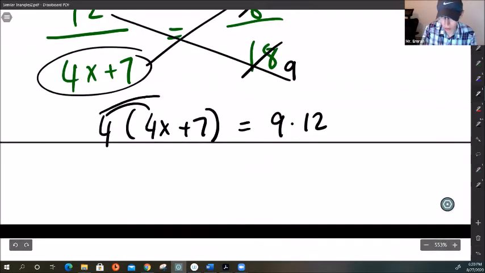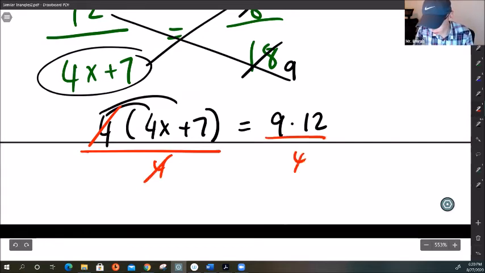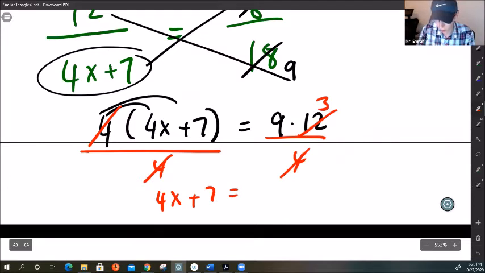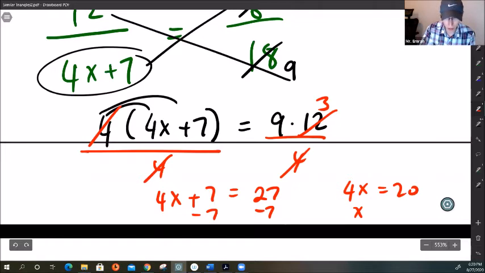Before I distribute, I can actually divide both sides by 4 too if you like, so that will give you a smaller answer. Divide both sides by 4. See, that will reduce your number. 4x plus 7 is equal to 9 times 3, 27. So 4x is equal to, take away 7 from both sides, 20. And then dividing both sides by 4 gives x equal to 5.